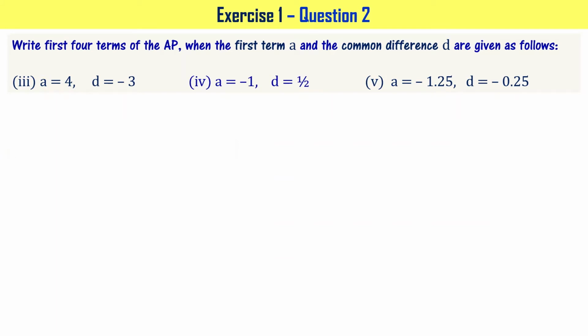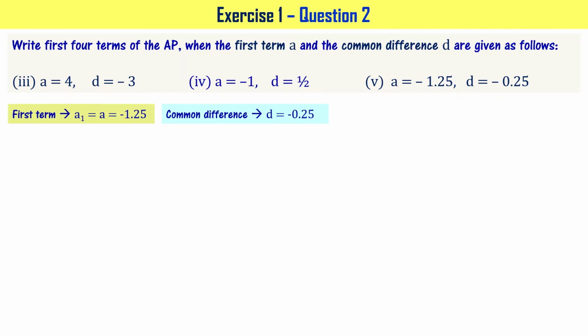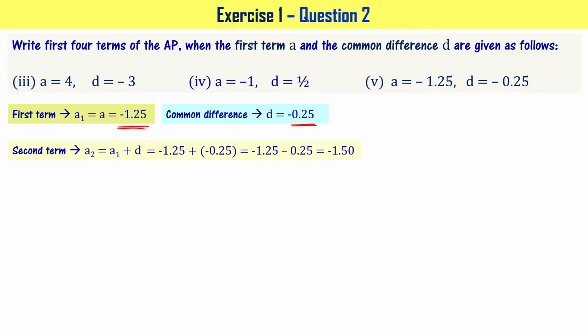That is the first term A equal to minus 1.25 and the common difference D equal to minus 0.25. Right? The second term A2 is equal to A1 plus D. Let's substitute A1 equal to minus 1.25 and D equal to minus 0.25. When you substitute and simplify, what you get is minus 1.50 as the second term. Right? The third term is going to be A3 equal to A2 plus D. A2 is minus 1.5 and D is minus 0.25.